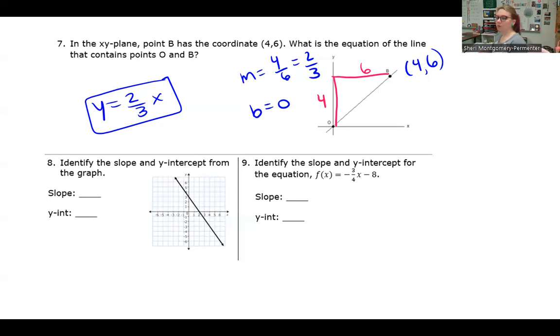How did you do on this problem? Definitely. Did anybody else do that?